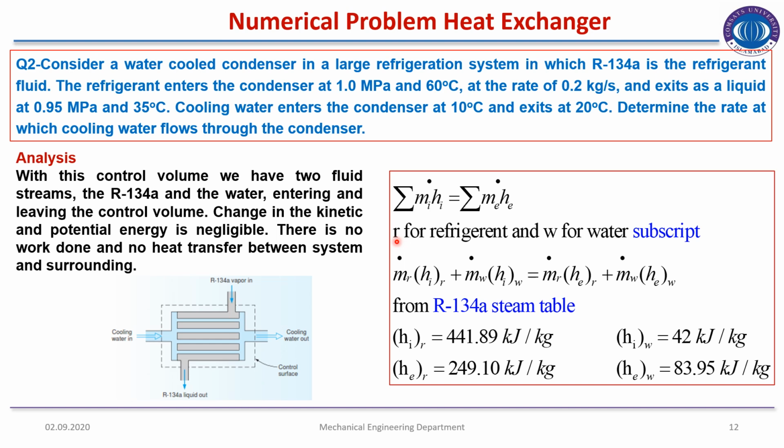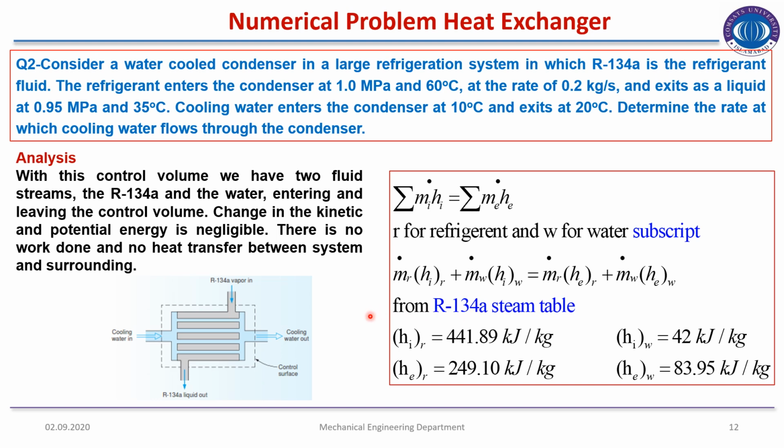So if we use R as the subscript for refrigerant and W as the subscript for water, then the mass flow rates and enthalpies are written in this form: m dot R times h_iR plus m dot W times h_iW is equal to m dot R times enthalpy at the exit of refrigerant plus m dot W times enthalpy at the exit of water.